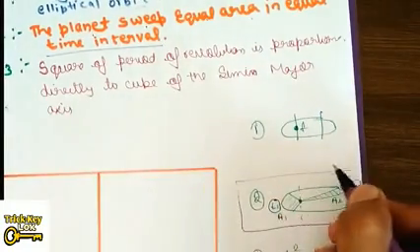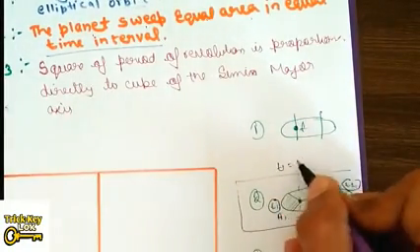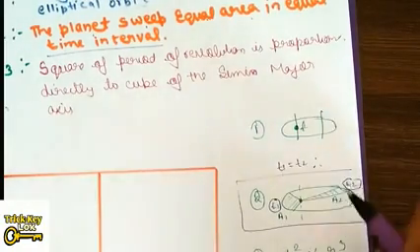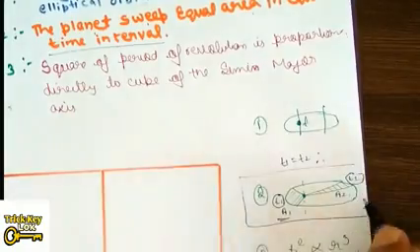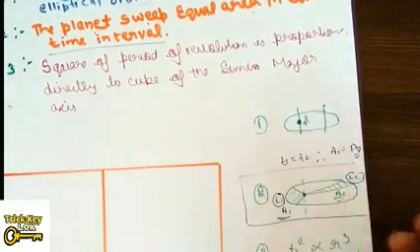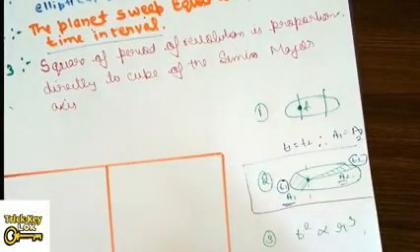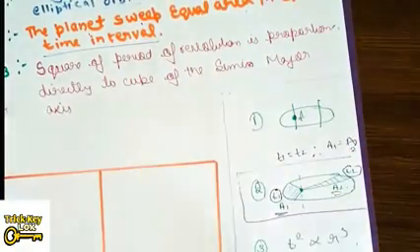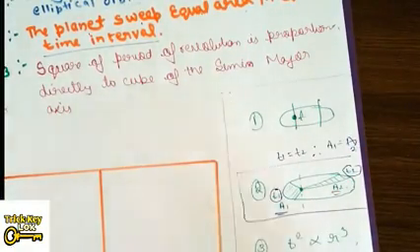Let us take the condition when t1 is equal to t2. Then the conclusion according to Kepler's second law is that the area A1 and the area A2 will also be equal. This is what the second law of Kepler says. It's not a total understanding, I'm just giving you an overview of the laws.